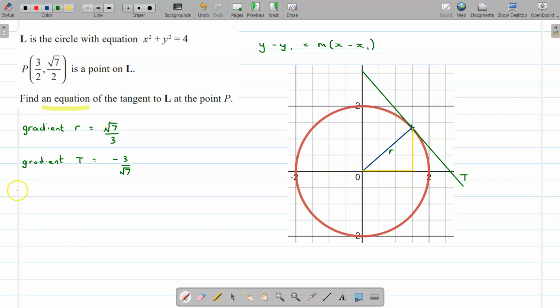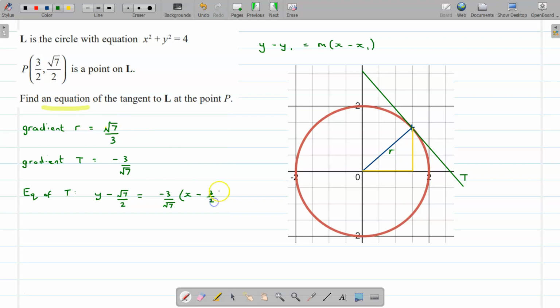So I could simply write the answer as: equation of t is such that y minus root 7 over 2, because that's a known point on the line here, you see, with a y coordinate of root 7 over 2, equals the gradient, which is negative 3 over root 7, brackets x minus the known x coordinate, which is 3 over 2.